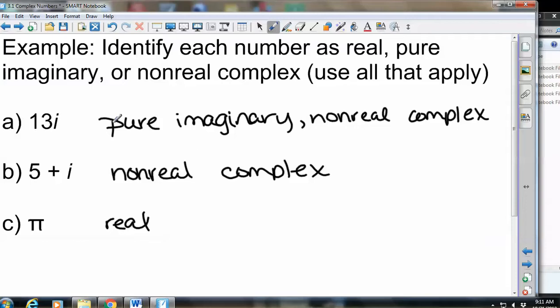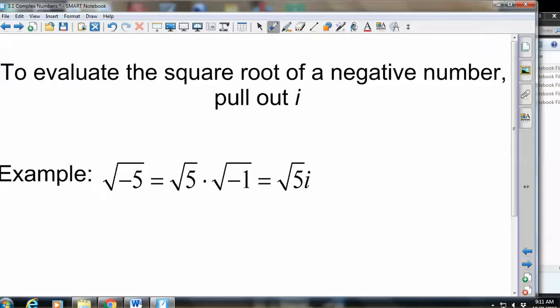So let's talk about where these i's come into our problem. We get an i when we're evaluating the square root of a negative number. So if I give you the square root of negative 5, we have reduced radicals before. You could think of that as the square root of 5 times the square root of negative 1, and the square root of negative 1 is i. You can write it a couple ways.